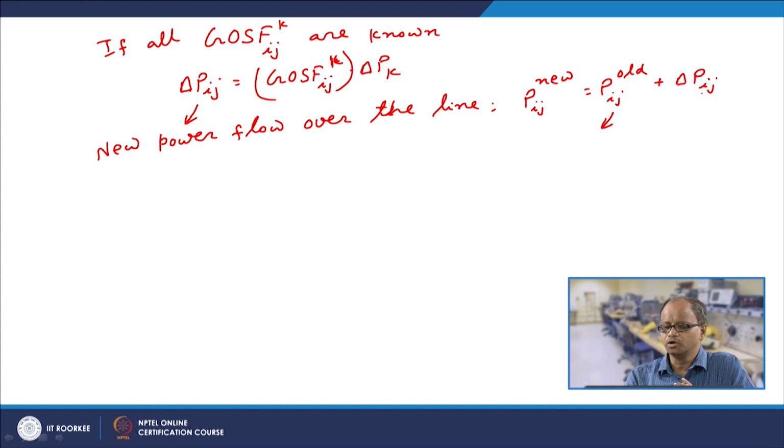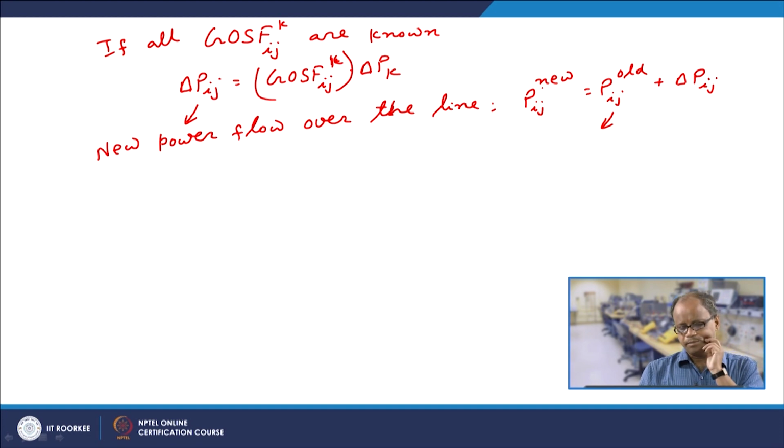We have just calculated this quantity from here. So we simply add these two quantities and we get the estimate of the new power flow over the line. Here we are not using the normal AC load flow; we are simply utilizing sensitivity factors, or rather this particular sensitivity factor GOSF Ij k. Obviously, the question comes to mind how to calculate them. We will discuss it at a later stage in this course.